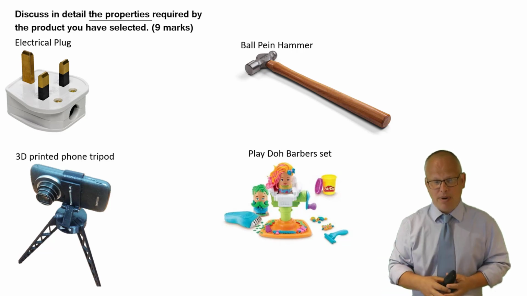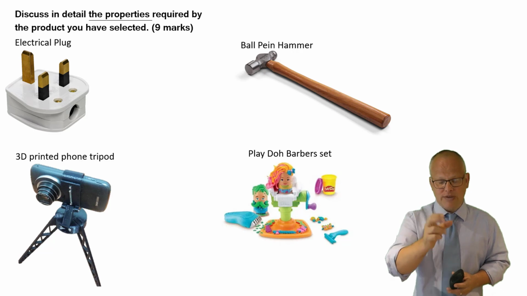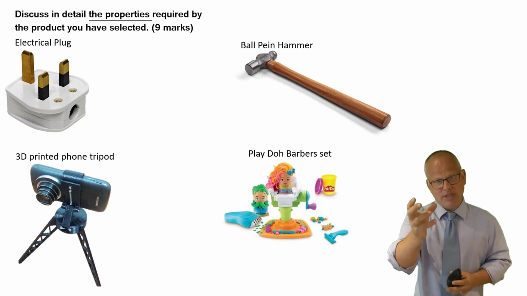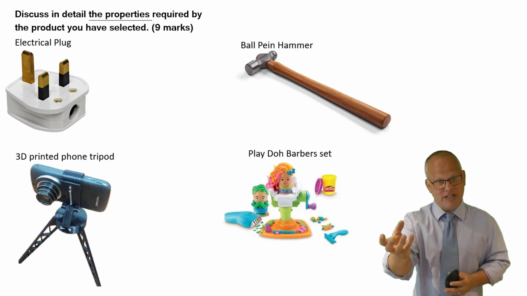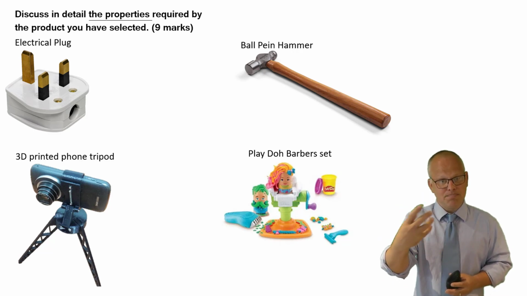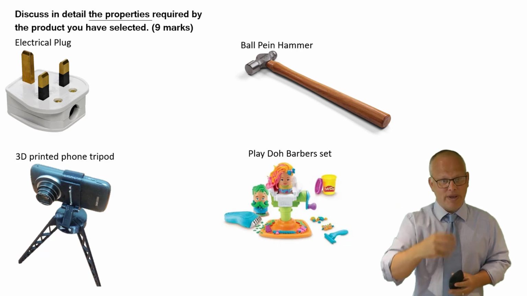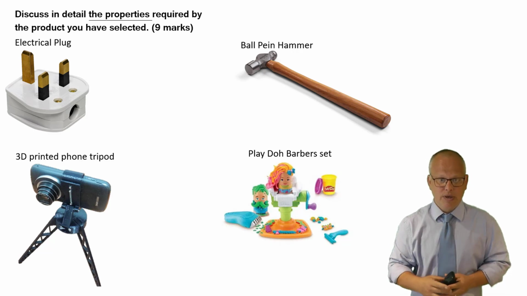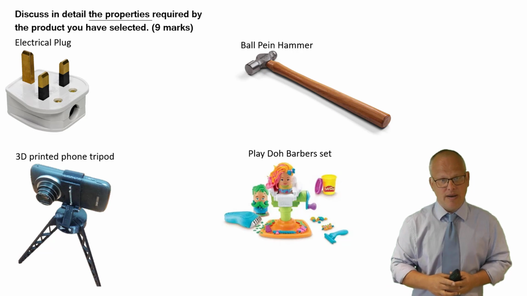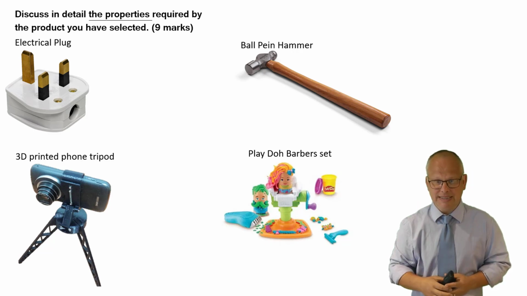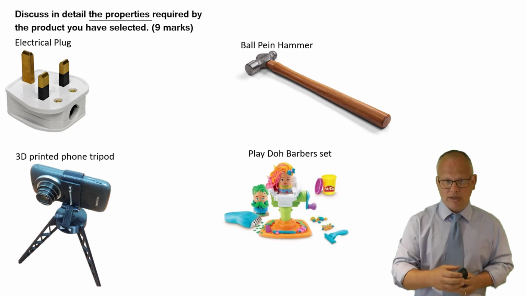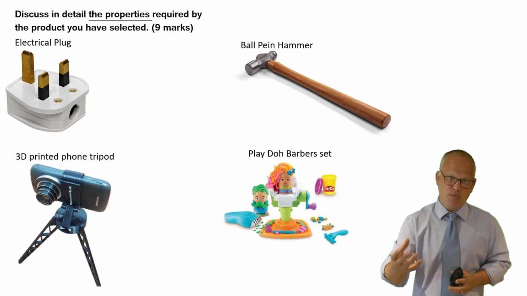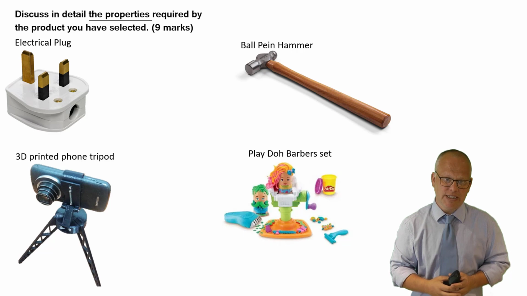We can now look at that plug and we can talk about the body of it being an insulator. We could talk about that body being able to be heated up in its manufacturing stage, and it becomes malleable to be able to form it into the plug shape. We can talk about the brass pins that are brass because if it was made out of copper they would bend, they'd become deformed, but brass is also a good conductor of electricity.